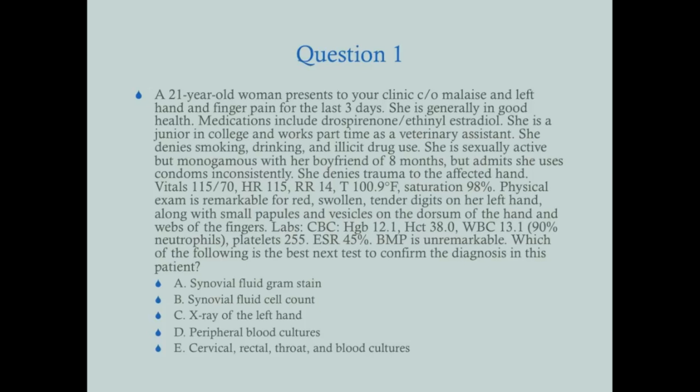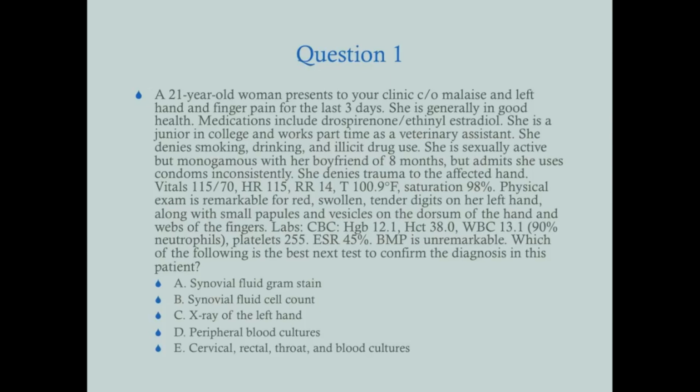Vitals are 115/70, heart rate 115, respirations 14, temperature 100.9 degrees, saturation 98%. Physical exam is remarkable for red, swollen, tender digits on her left hand, along with small papules and vesicles on the dorsum of the hand and webs of the fingers.